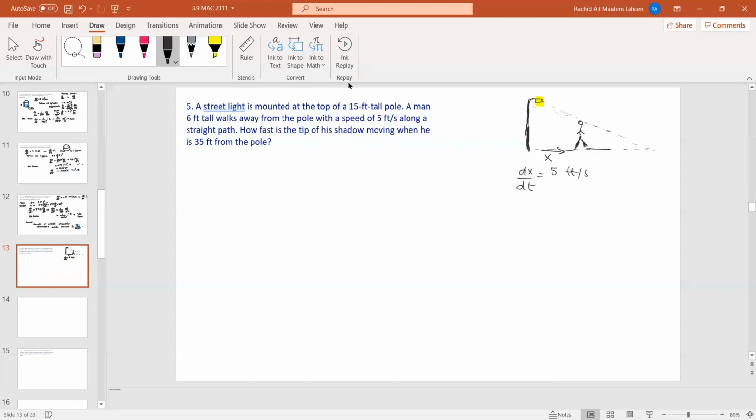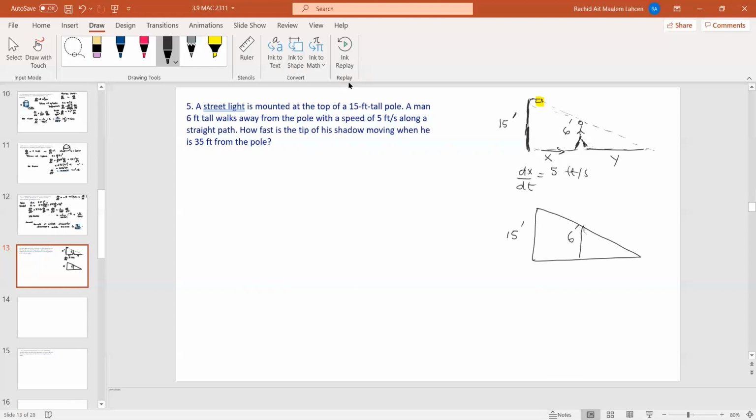So the shadow, of course, will be, if the light is here, let's say the shadow is here. Maybe we'll call this a distance y, and this person is 6 feet tall, and this one is 15 feet tall. So we can switch this to a geometry sketch.